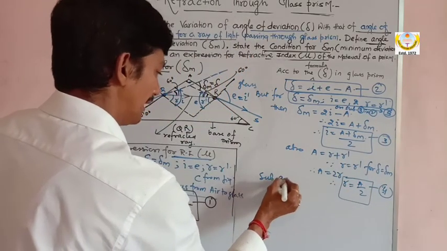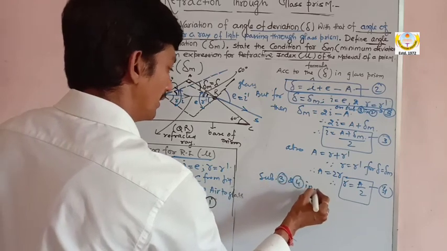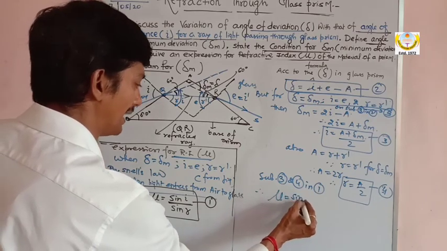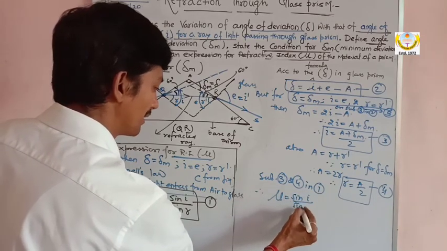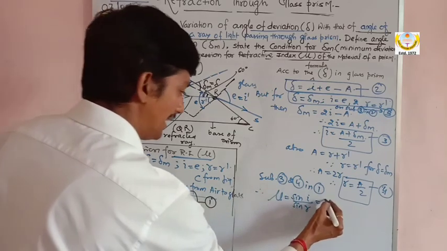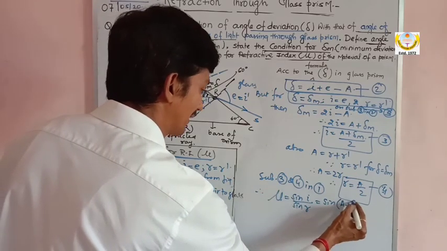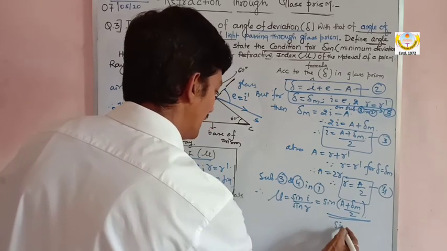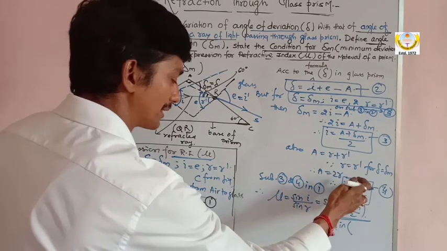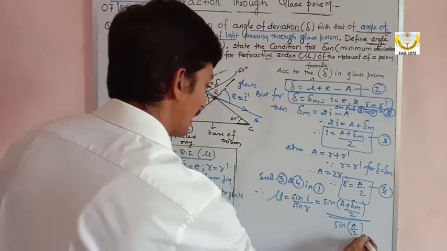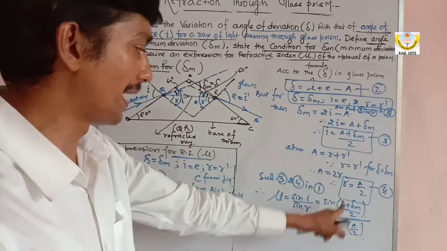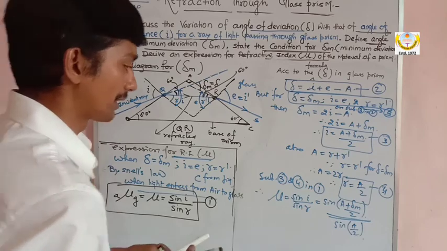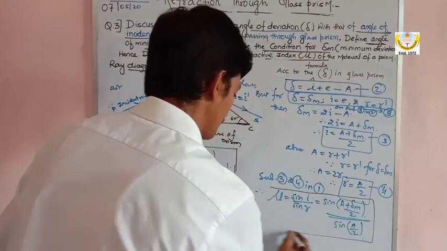Substituting 3 and 4 in 1, mu is equal to sine I upon sine R, so sine of A plus delta M whole divided by 2, upon sine of A by 2. I value is A plus delta M by 2 and R value is A by 2. So this is the derivation for the refractive index.